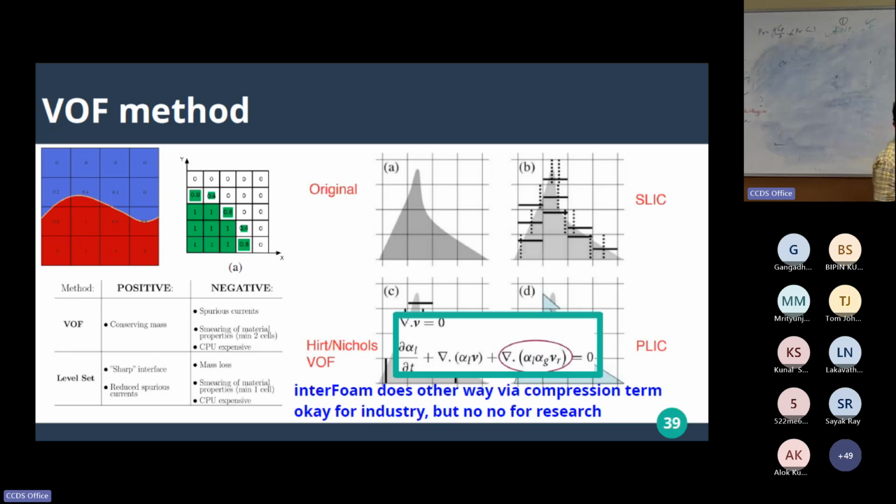So what interFoam does is, sometime back we have seen del alpha by del t plus divergence of alpha u is equal to 0. One has to solve a purely hyperbolic equation in CFD. You will always add additional divergence terms, the divergence of alpha L, alpha G, VR. These additional terms you add and solve.